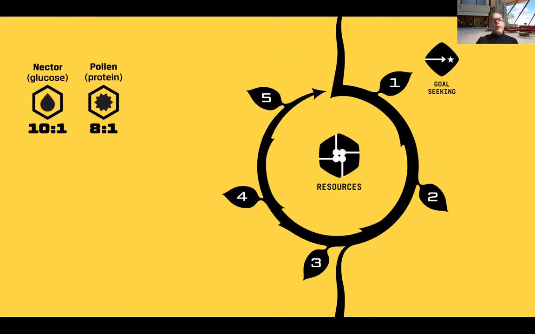But for the bee, we find that when it comes to nectar, it's able to gather 10 times as much energy as it consumes, and for pollen, it collects 8 times as much energy as it consumes. So there's a goal of harvesting resources for energy purposes.